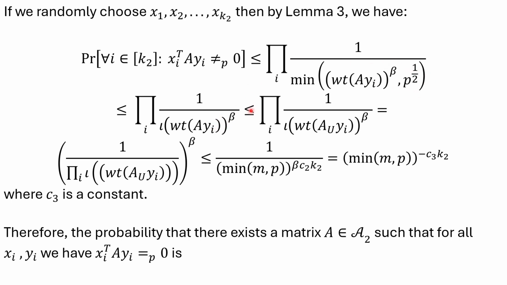This is less than or equal to 1 divided by L, weight of A_U yi to the power of beta, because A_U is a subset of A. This equals, if we take the power of beta outside, this is less than or equal to 1 divided by minimum MP, which we saw in the previous slide and proved, multiplied by beta C2 K2, which is equal to the minimum of MP to the power of minus C3 K2, where C3 is a constant.